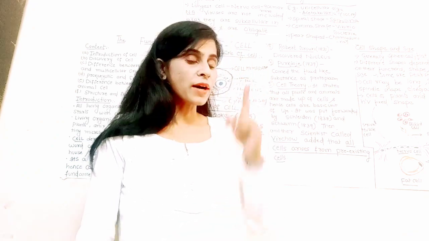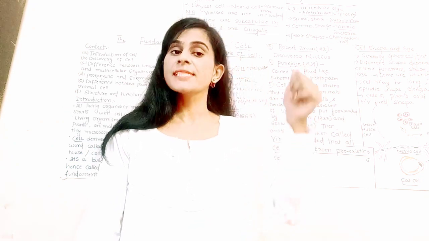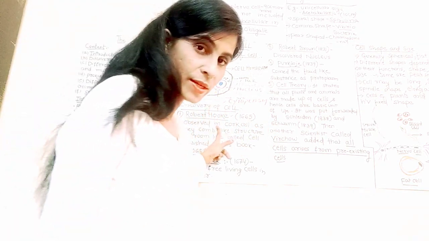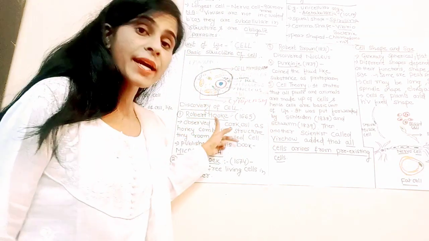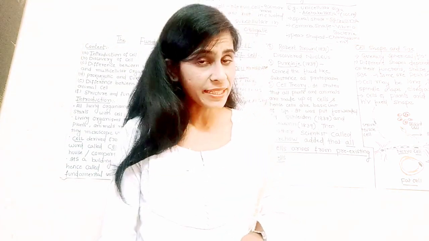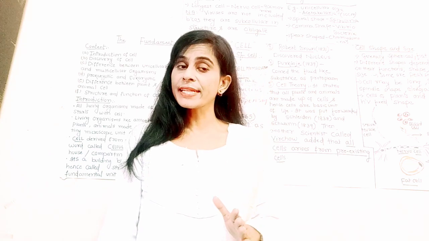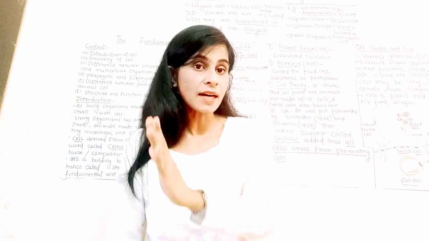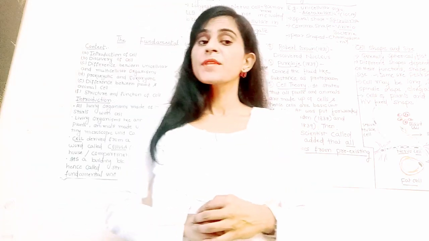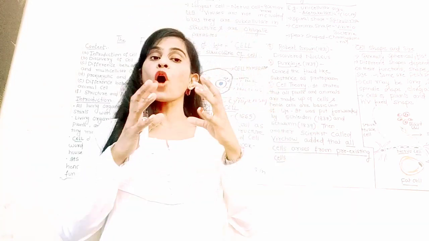So first, the most important scientist was none other than Robert Hooke, and in the year 1665, he was the first scientist who came up with the term cell, guys. But how? So what happened? He took some cork cells.